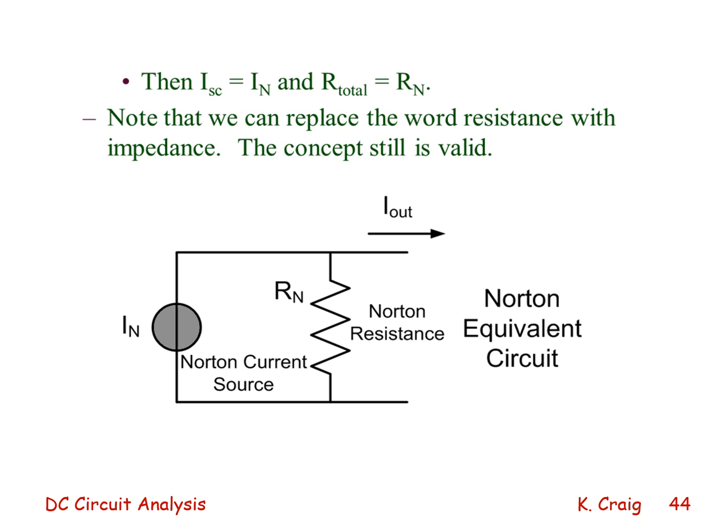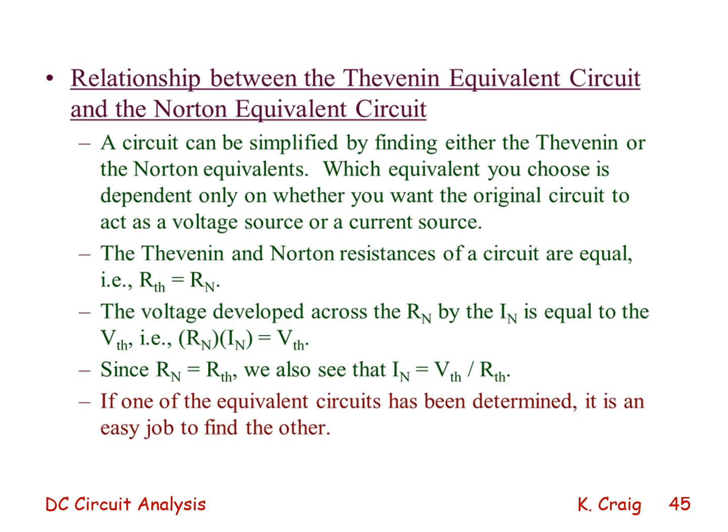And again, note that we can replace the word resistance with impedance, and the concept is still valid. So the Norton equivalent circuit consists of a Norton current source, I Norton, and a parallel resistance, the Norton resistance, R Norton. And to this equivalent circuit, we connect our load.